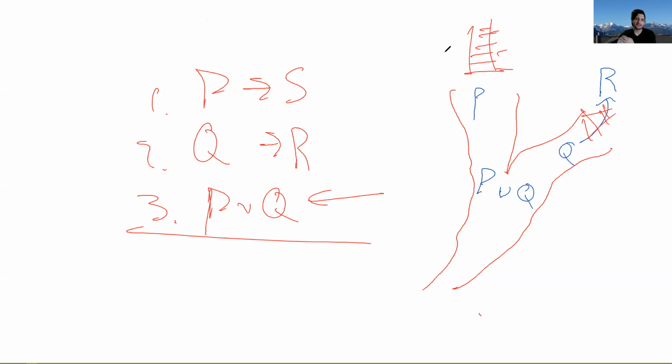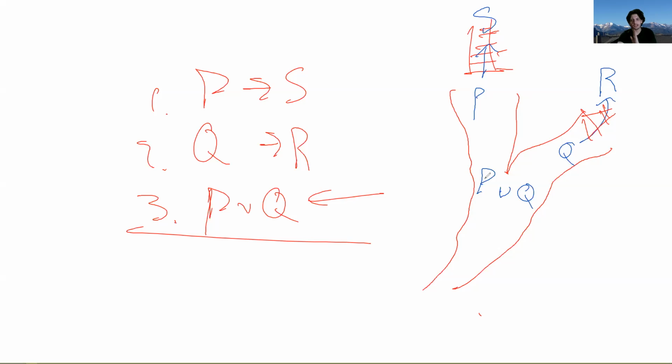But the idea is the conditionals are bridges that tell you, P leads to S. As soon as you go the P route, you're going to end up in S. As soon as you get on the Q route, like it's a bridge, you can't turn around on a bridge, you're going to end up with R. As soon as you have Q, it'll give you R.